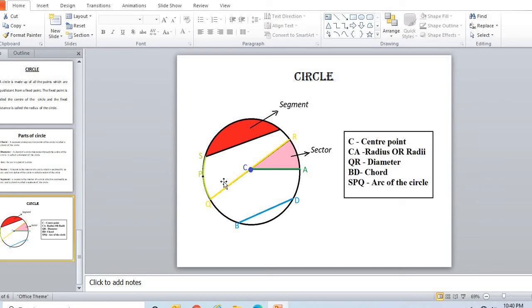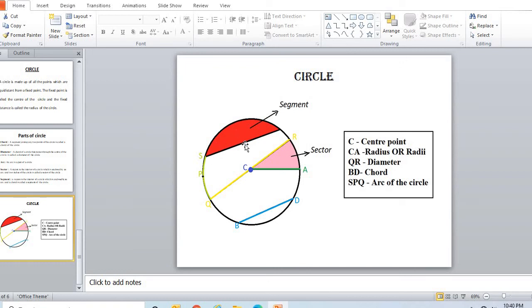Okay. Now what is segment and the sector? So segment is a region in the interior of the circle which is enclosed by an arc. Do you see this?